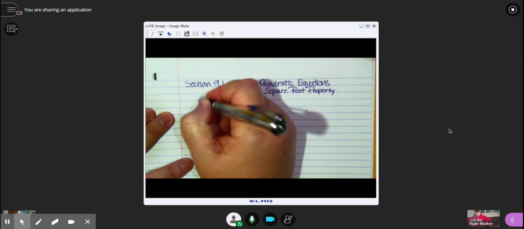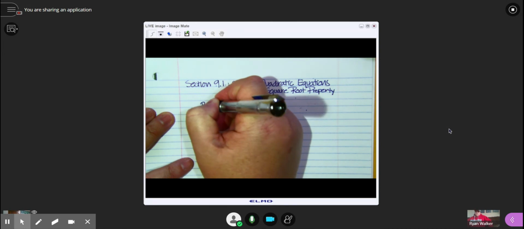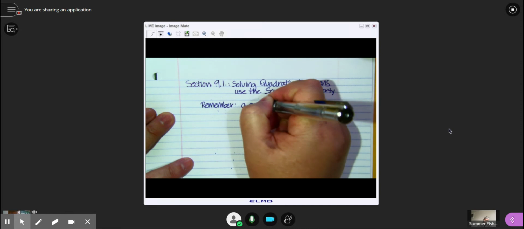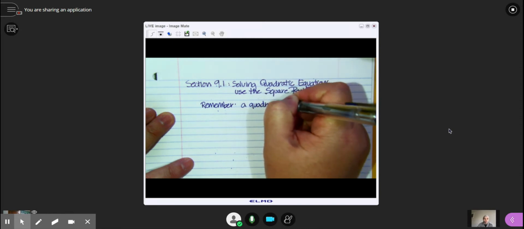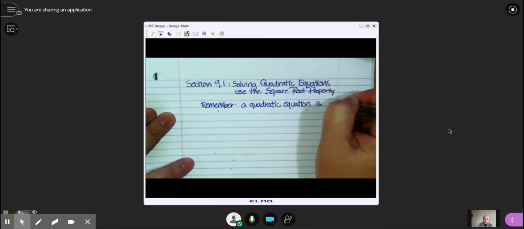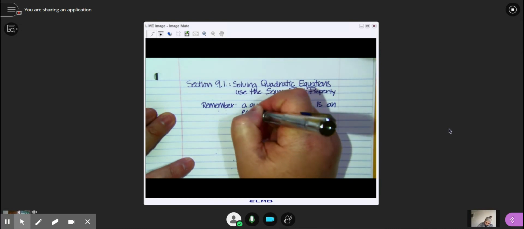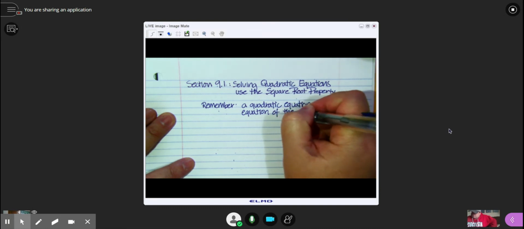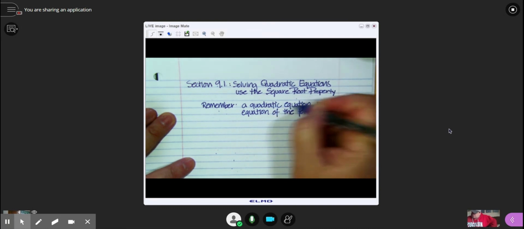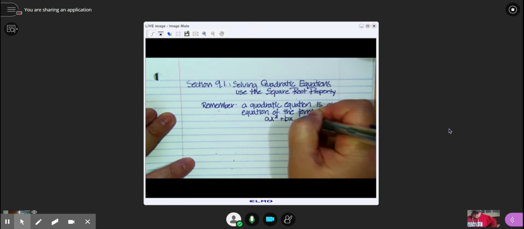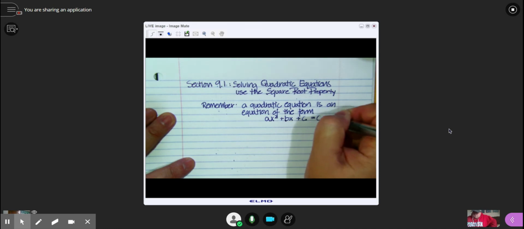All right, so a quadratic equation is an equation of the form ax squared plus bx plus c equal to 0.